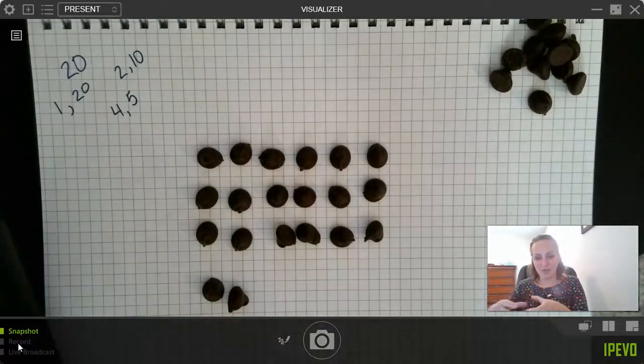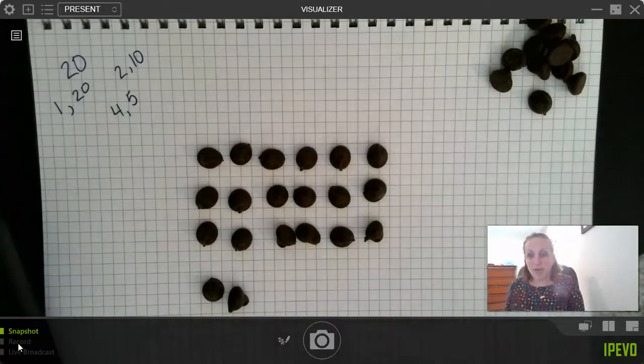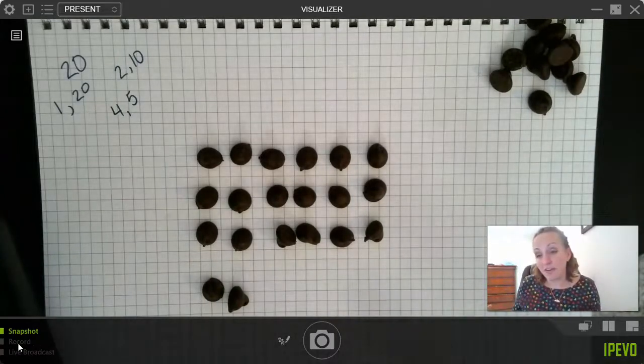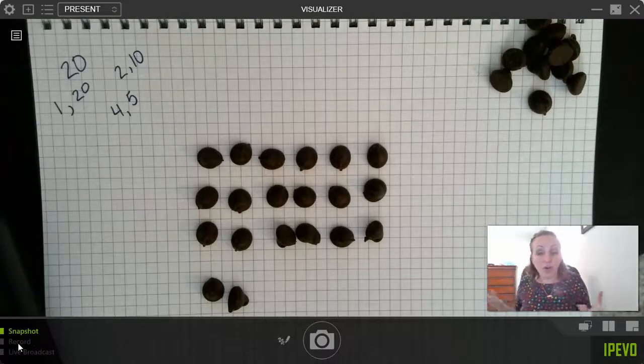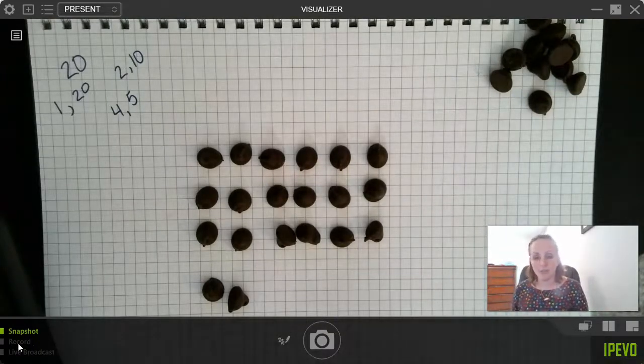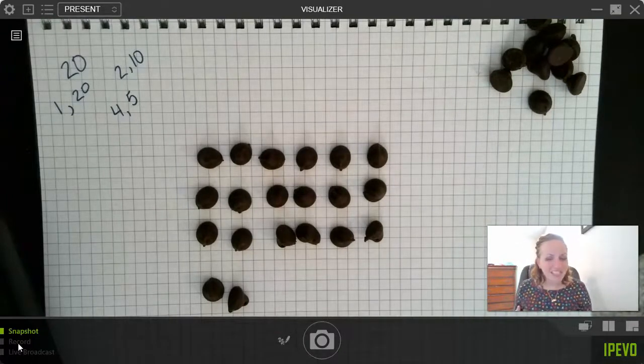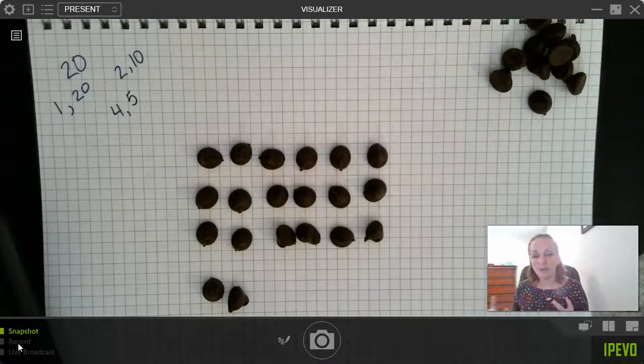Maybe you can get one of the bigger bags of M&Ms and try it with a bigger number, because you are going to have to be able to find factors of numbers all the way up through 100. So this is a really fun hands-on way to do it, and then maybe if you're lucky, you can eat a few pieces of chocolate or Skittles or gummy bears afterwards.